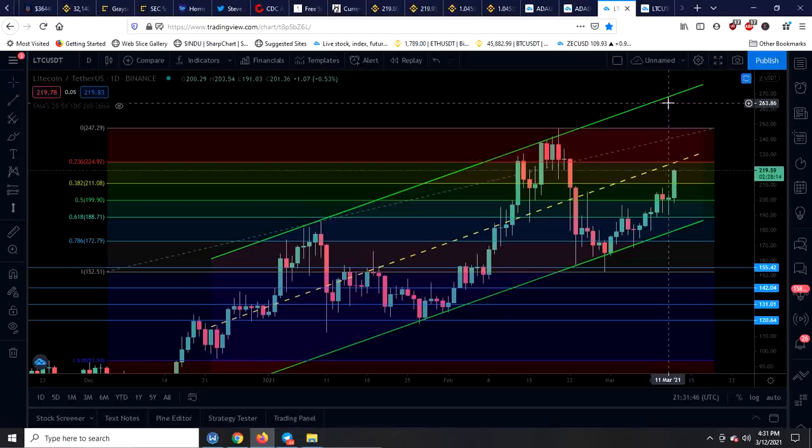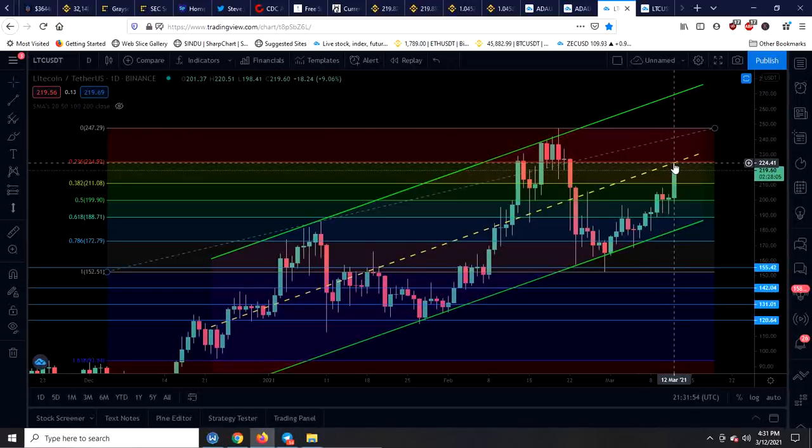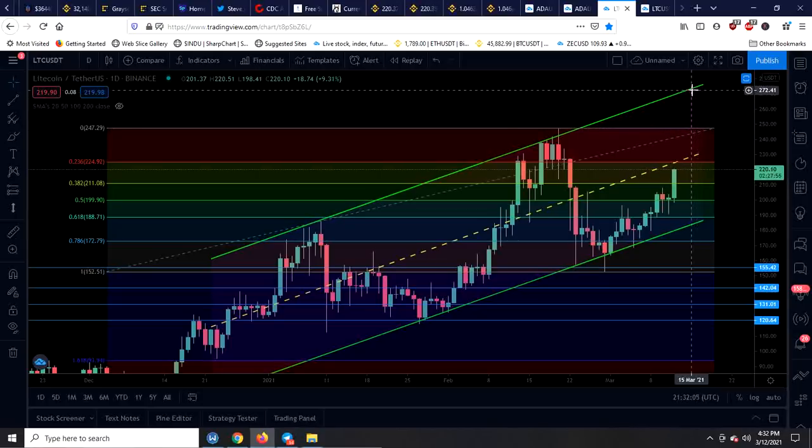On the daily time frame, look what we got here. We're going to follow the parameters of this ascending parallel channel. So again, guys, this middle channel is very important. We'll see some consolidation there. Get through this. We do this, then we're going to be looking back to get to this 248 area, right? And more importantly, back in the upper parameters of this channel, right? So, you know, if we went there right now, which we're not, that's 270.